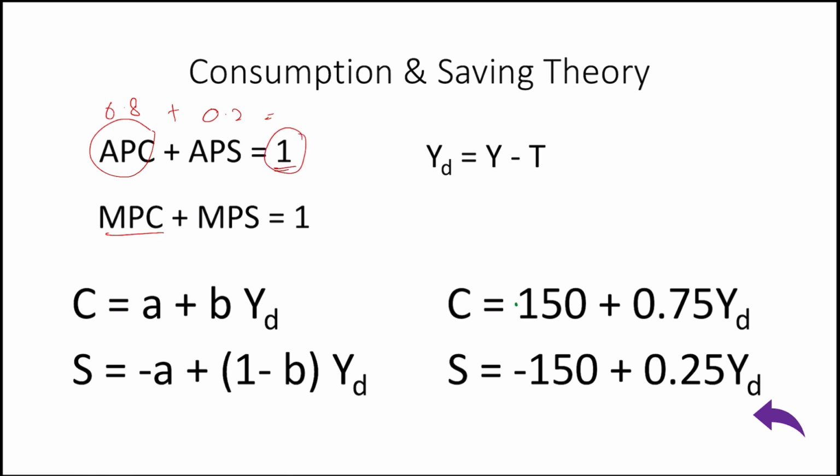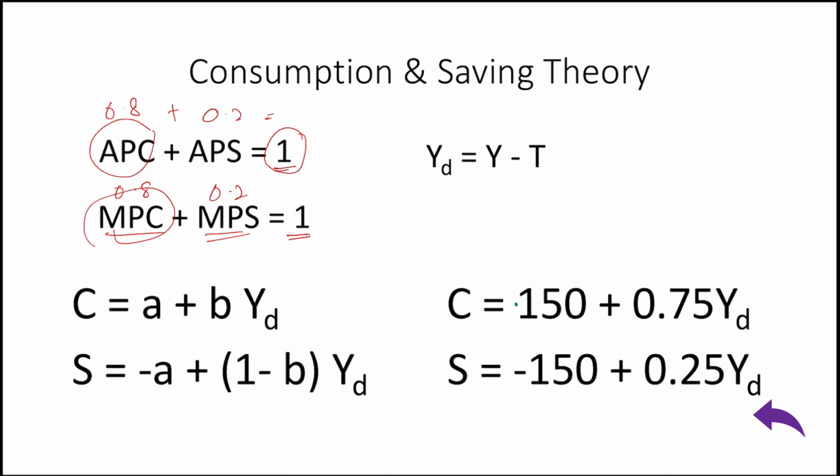For MPC, just now, the example is 0.8 and MPS is 0.2, also equals 1. If the question gives you the value of APS, you can automatically find the value of APC. Either one. If it gives the value of MPC, automatically you will get the value of MPS.